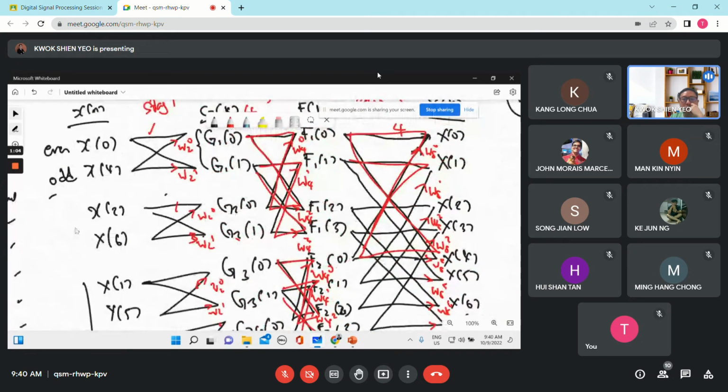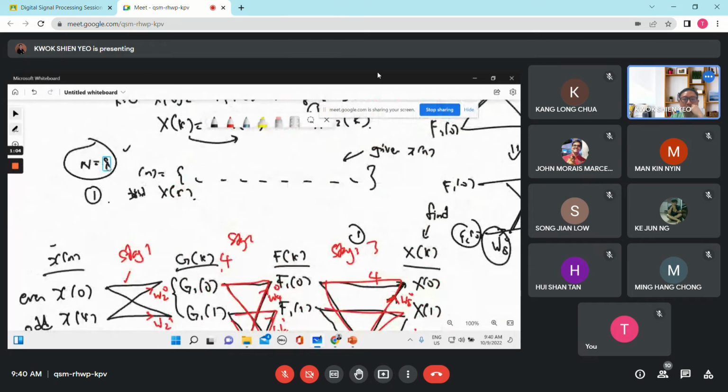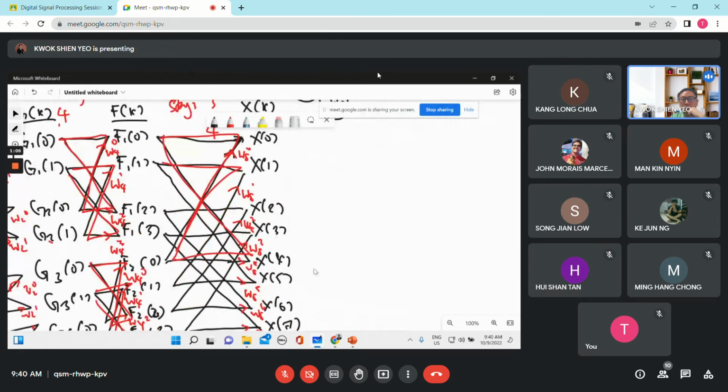Okay, so first of all, if you are given n equals to 8, and you are given the xn, there is 8 elements here, right? And you are requested to find xk. So for the first step, what you need to do is you write down your xk column first from 0 until 7.